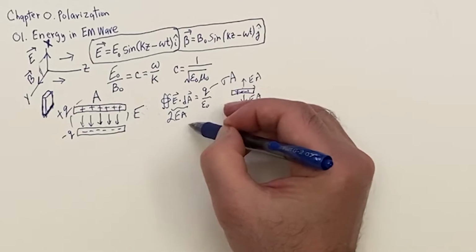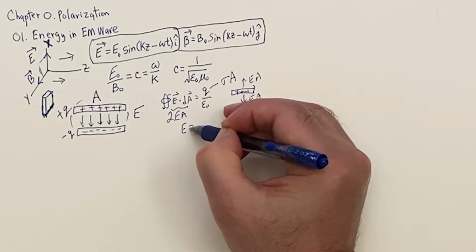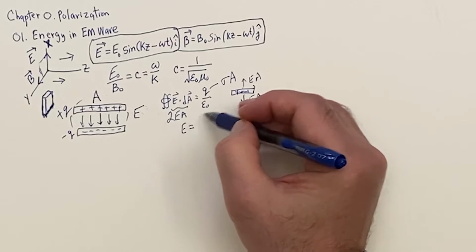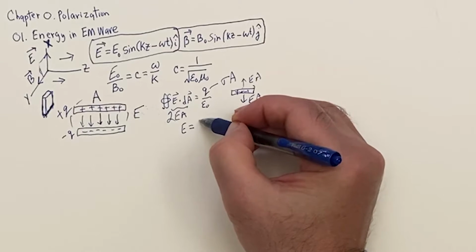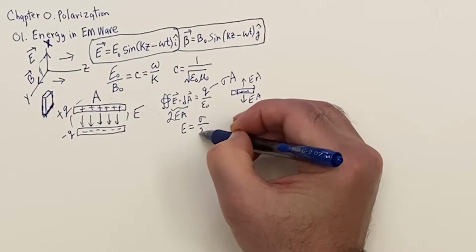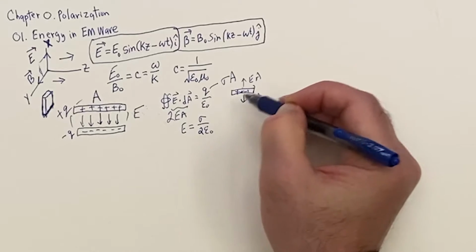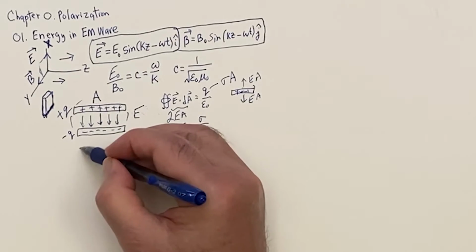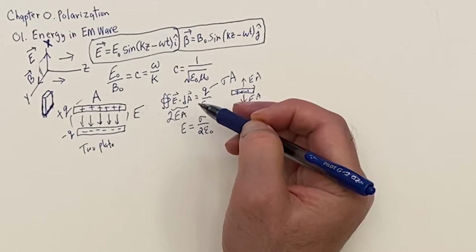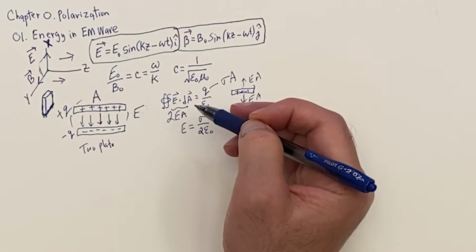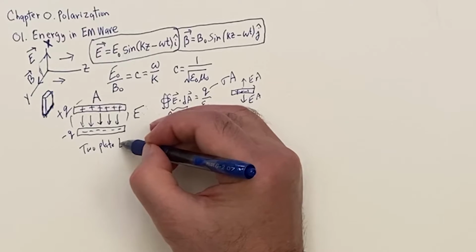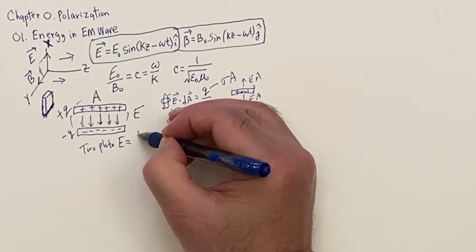And then E is equal to, the A's cancel, and you get this famous result, the charge density over 2 epsilon naught. And since there are two plates, you're going to have a doubling.